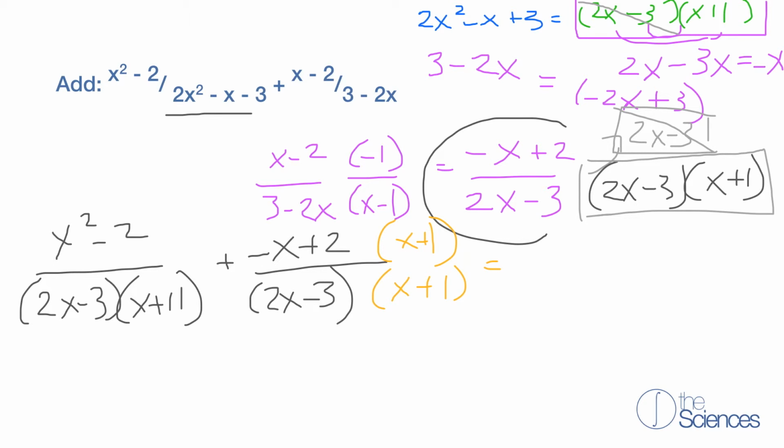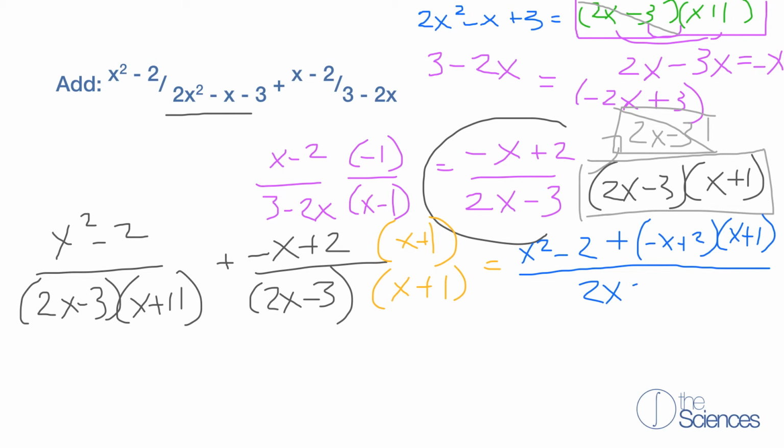So when we do that, we get x squared minus 2 plus (-x plus 2) times (x plus 1), all over our least common denominator of 2x minus 3 times x plus 1. So now what we're going to do is multiply across.